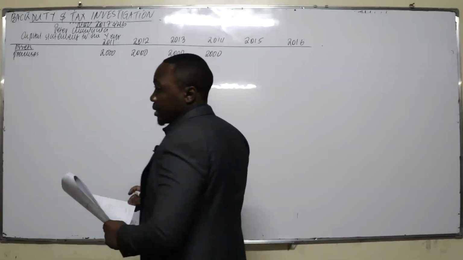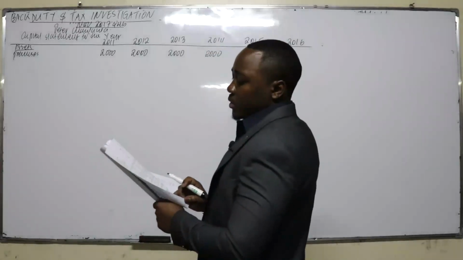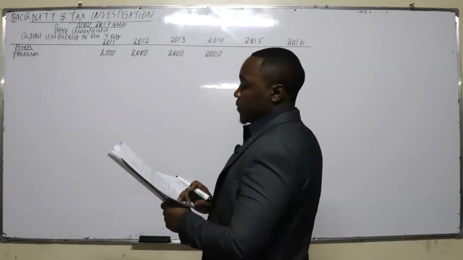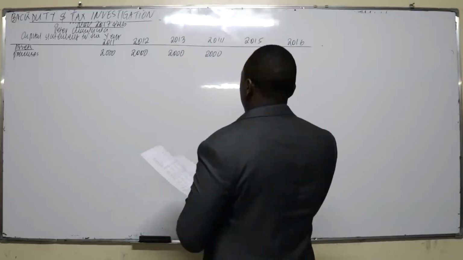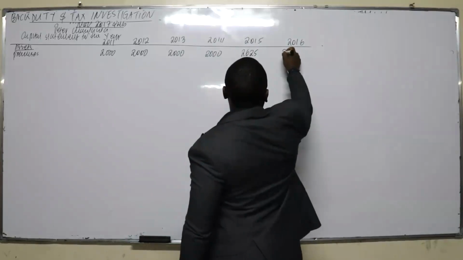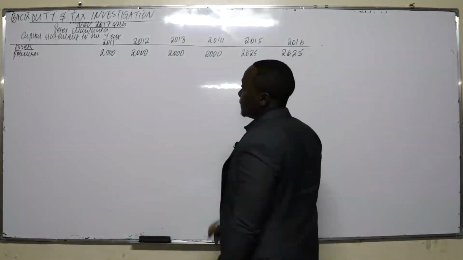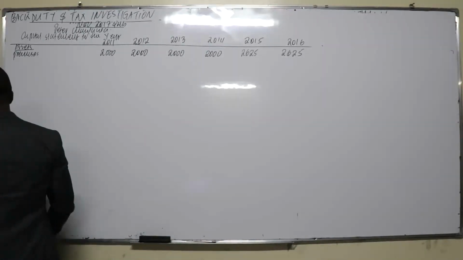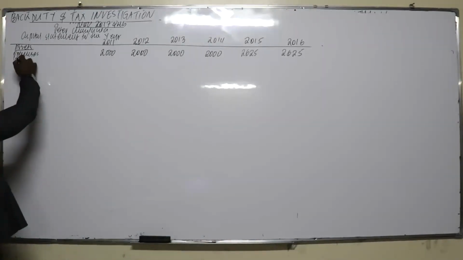Let's go to note number 2. He constructed an extension to the premises in the year 2015 at a cost of 625. That was a non-current asset. Then there was furniture and fittings.